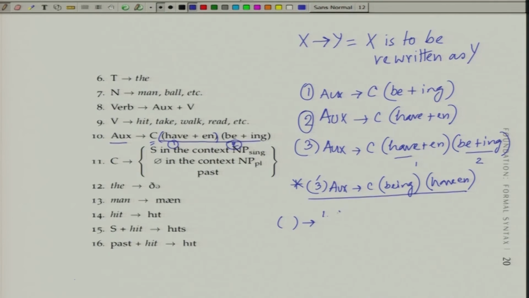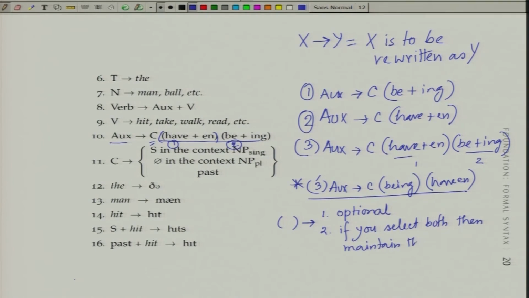One, that it is optional, and two, that if you select both, then maintain the order. So depending on my selection, depending on my choice, I do something.